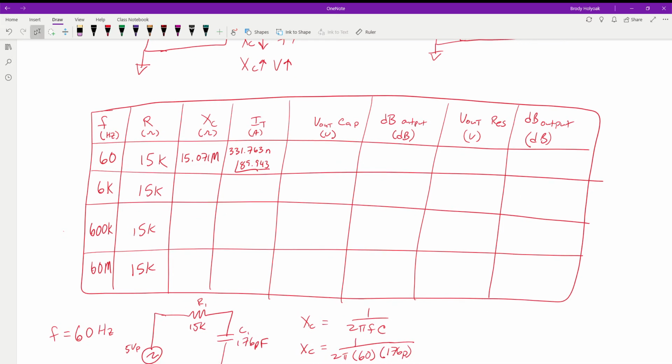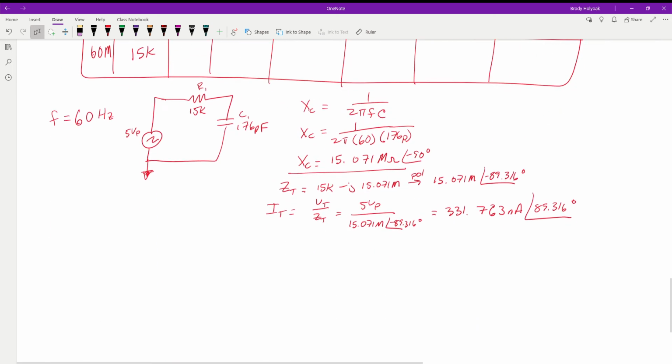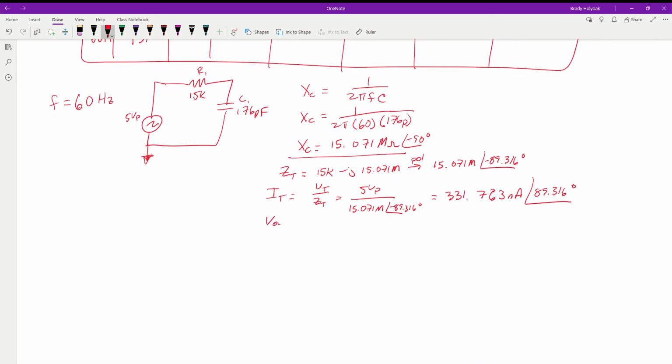So now with that, we need to solve for the voltage drop across our capacitor. V out of the cap is equal to the current total times the reactance of the capacitor.